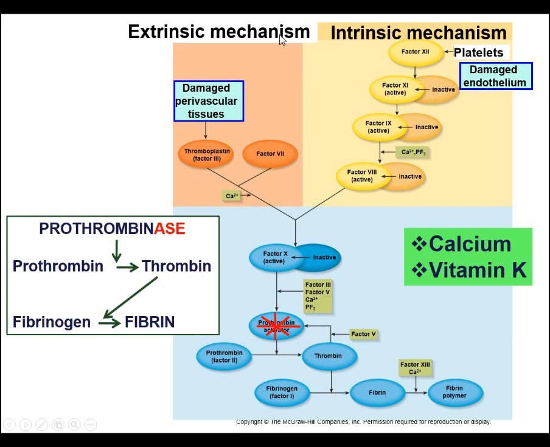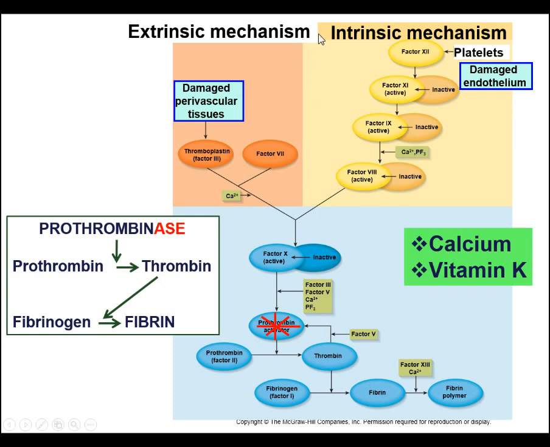There are two separate pathways that come together and merge into a common pathway. And what we're going to end up with is the fibrin that we see in the clot, the insoluble thread that we see in the clot. And so I'm going to talk you through this, two different approaches to the same destination, coagulation or clot formation.